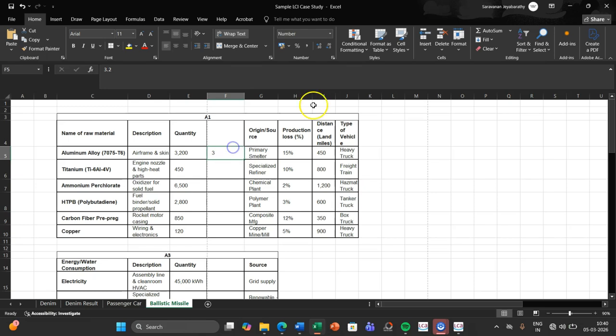Oh, 3.2. Okay, 0.45, 6.5, 2.8, 850, 0.12.